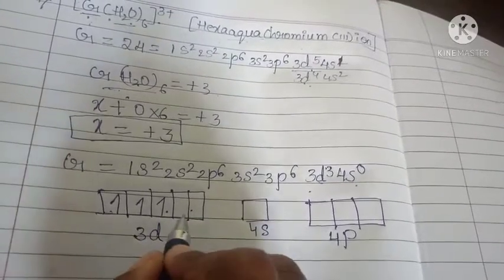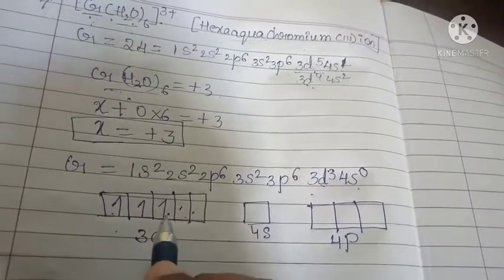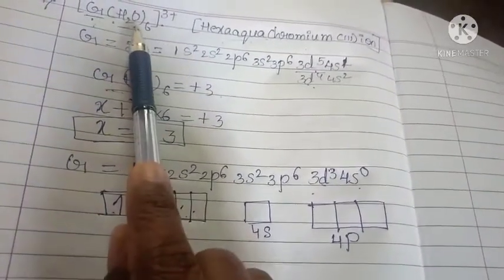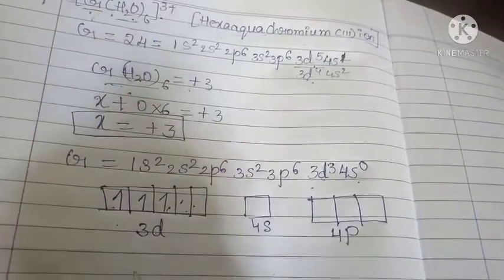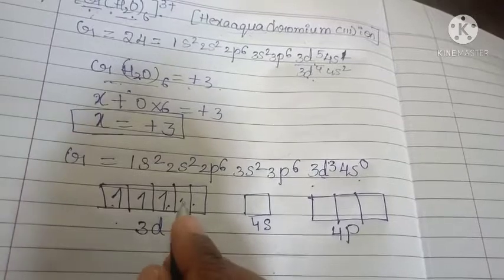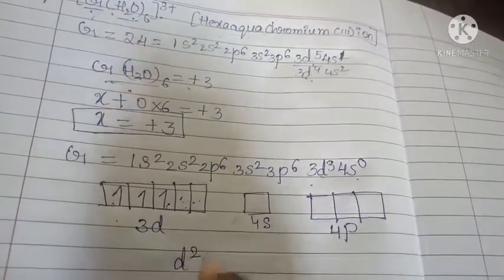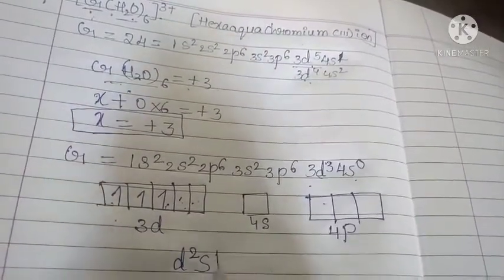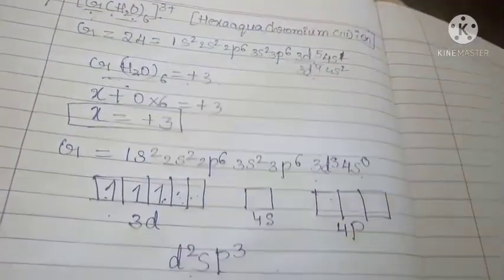There is no pairing of electrons, and no pairing up will be formed because water is a neutral ligand. Okay, then how many vacant orbitals are there? 2 d, 1 s, and 3 p, so d2sp3 hybridization.